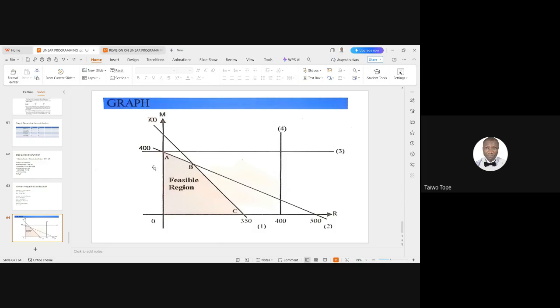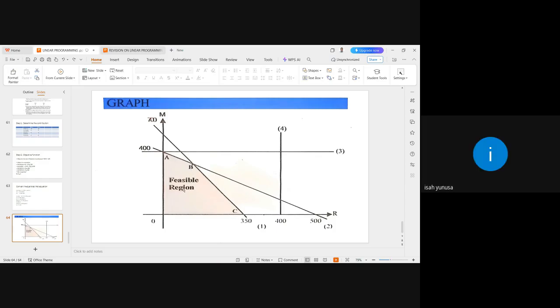And how do you determine this region? Once you plot your graph, from point 0 to the first point of intersection is your visible region. Because sometimes students find it difficult to determine that. From this point 0, move upward. The first point of intersection, what are the areas bounding it?